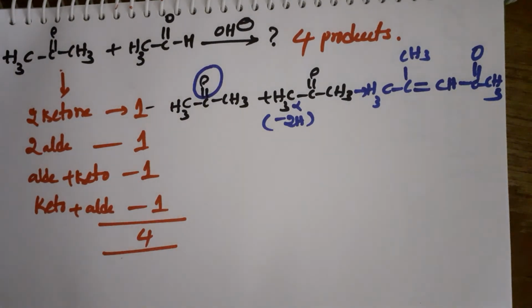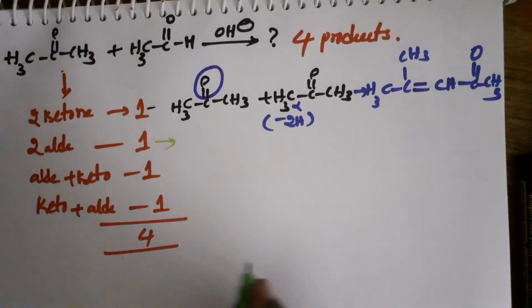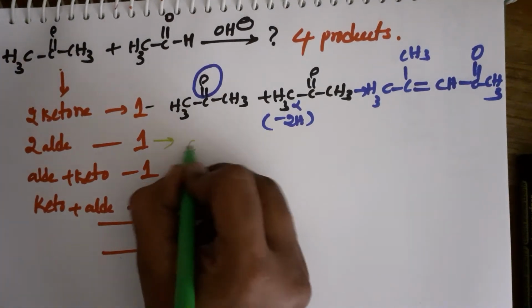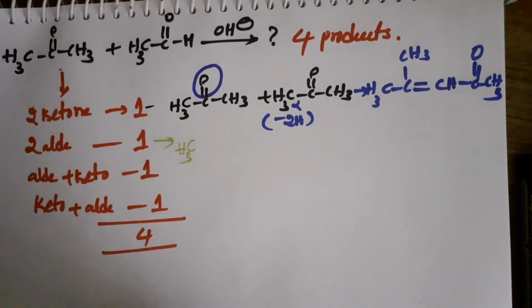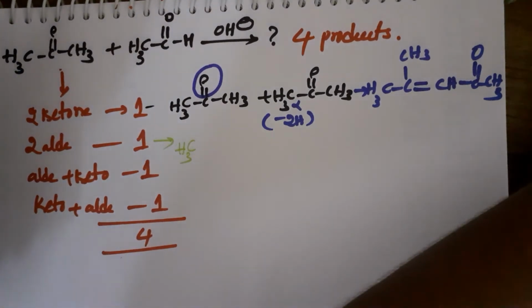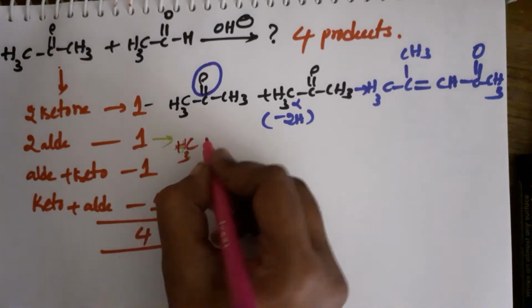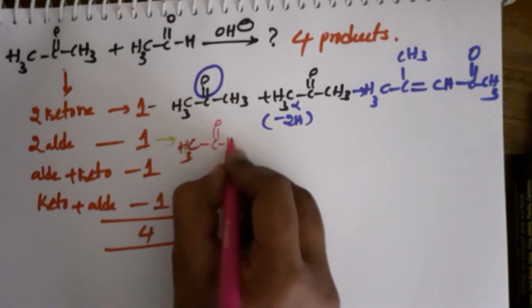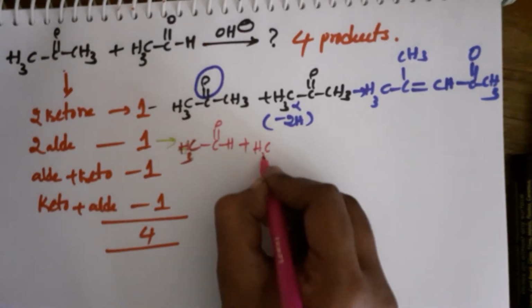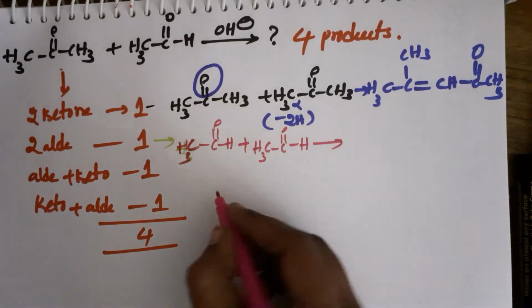Then see the second example. In this case we are taking two aldehydes like this: CH3, C double bond OH plus CH3, C double bond OH, one more aldehyde. Two aldehydes are reacting here, and apply the same trick.